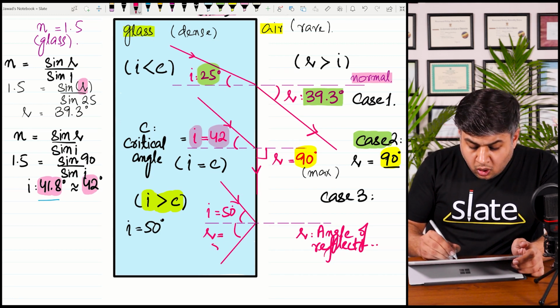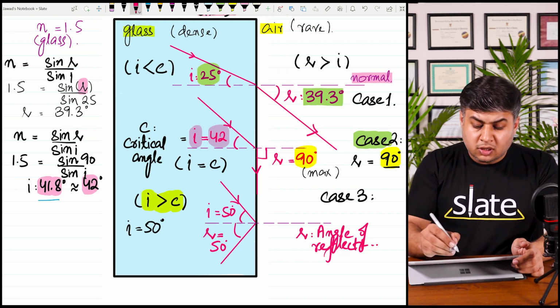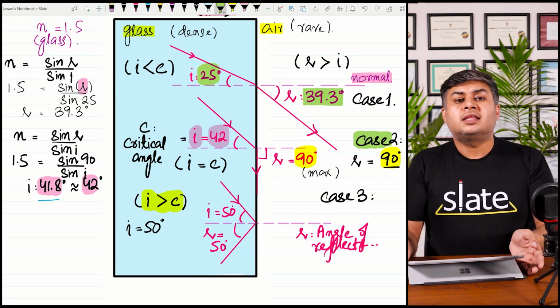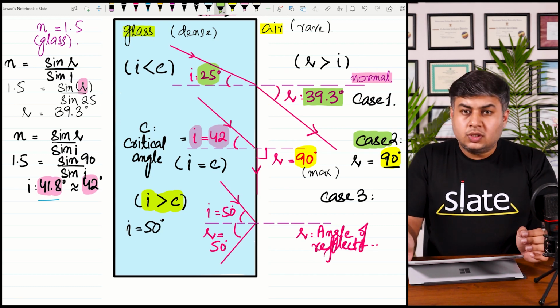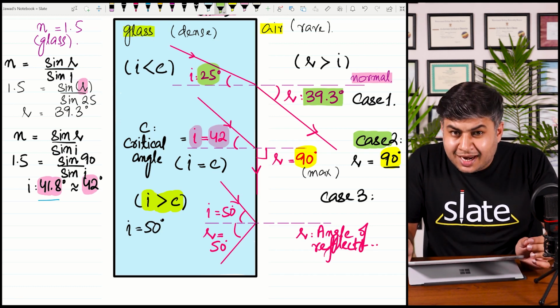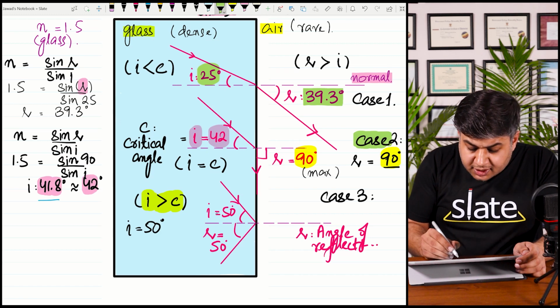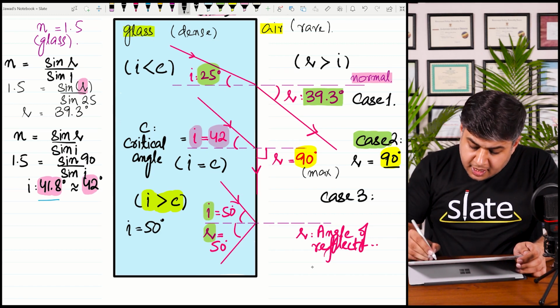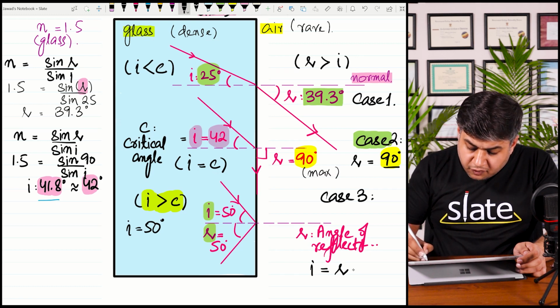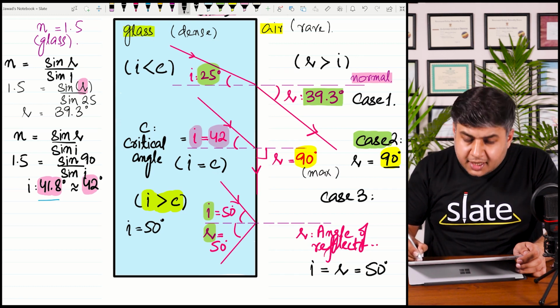So this is also equal to 50 degrees, because when reflection comes in, the laws of reflection are applicable. The angle of incidence must be equal to the angle of reflection this time, which is 50 degrees.